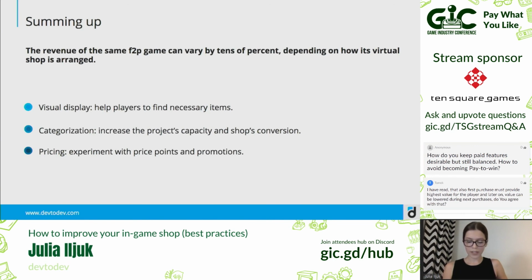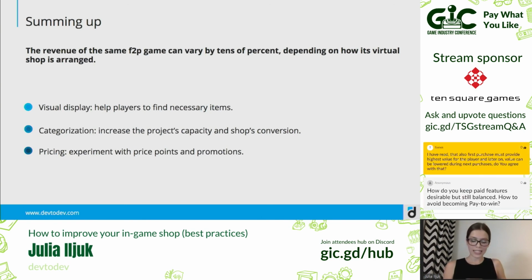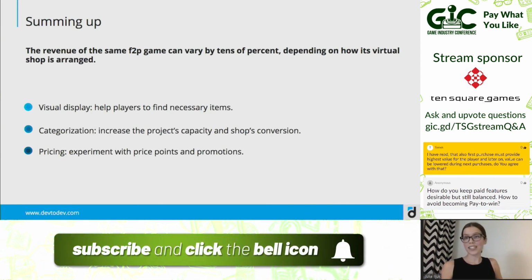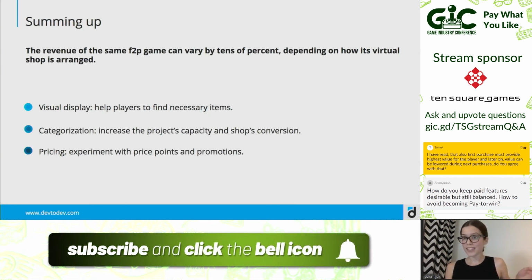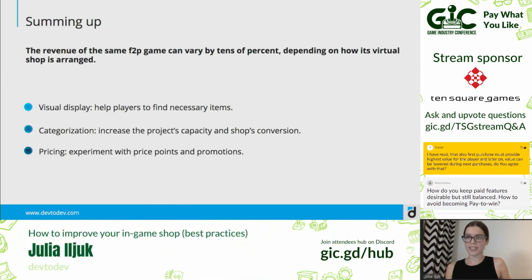I have read that also the first purchase must provide the highest value for the players, and later you can reduce this value. Well, yes, it can work. It's kind of a logical strategy, isn't it? It sounds really logical, and that is why with all these starter packs, usually these are the best deal. Like if you compare to buying these objects separately, this is a really good deal.